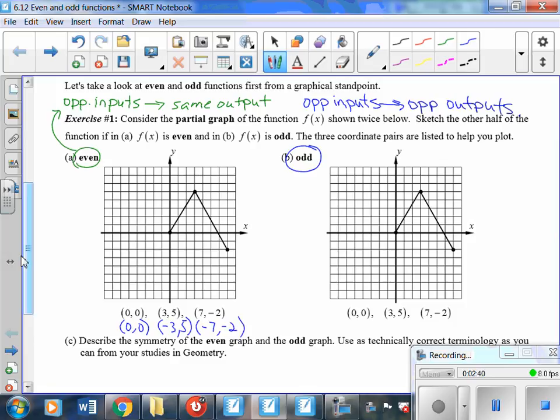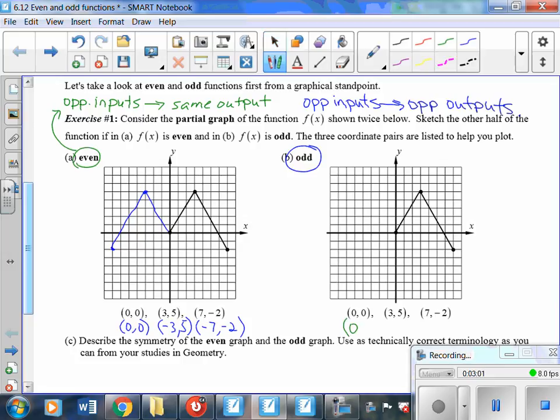So let's plot those points. We're going to be here, and here. If we did this properly, it should look something like that.